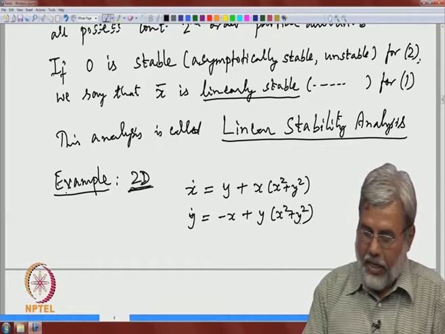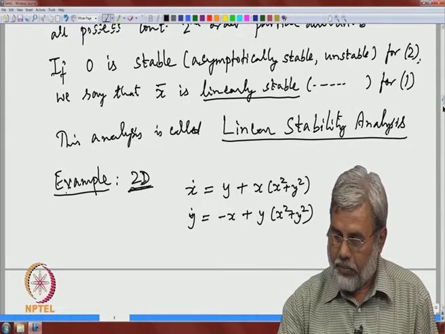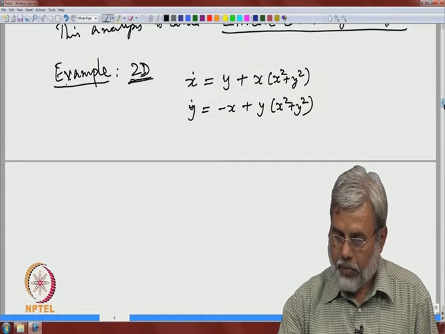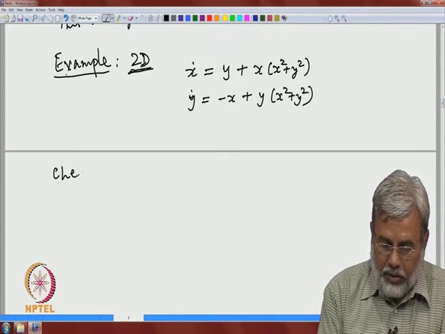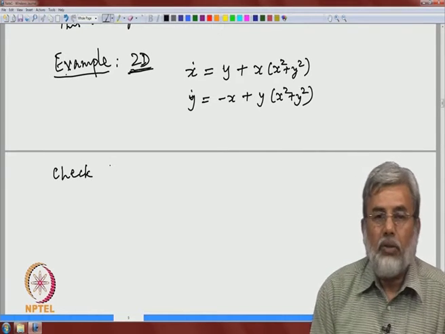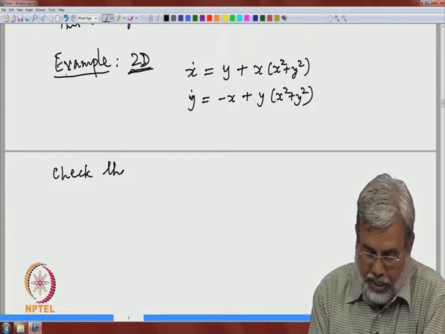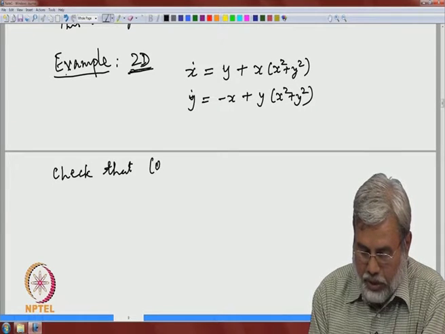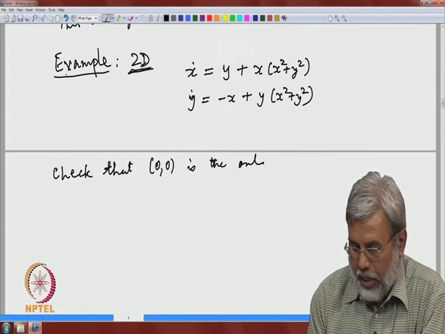So, this is a very standard 2D example. Okay. So, check that. So, sometimes it is easy, sometimes you have to really do some algebra. So, this is exercises for you. Check that 0 0 is the only equilibrium point.